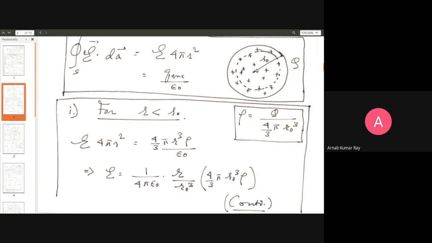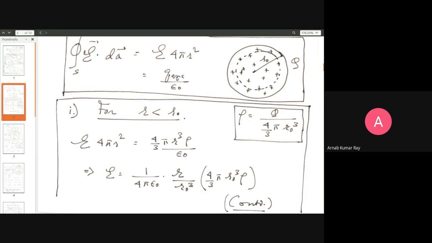But in the process, all the charges will end up with equal spacing among themselves. No single charge will be any closer or any farther than any of the other charges. So that is what you have over here.